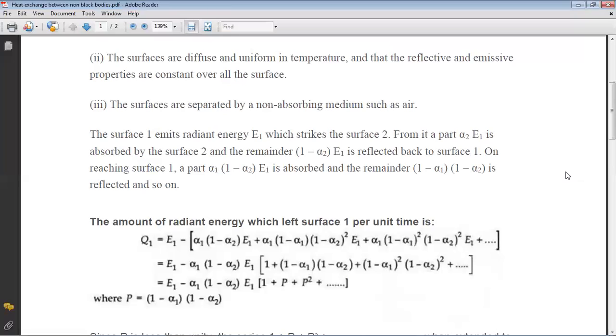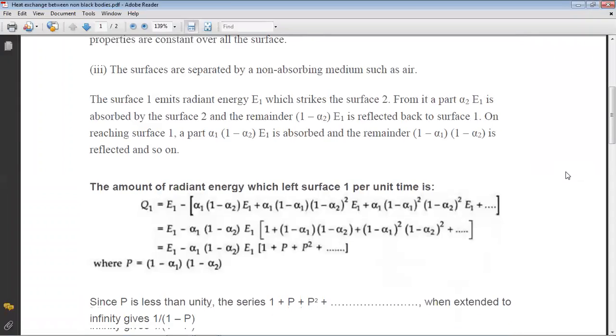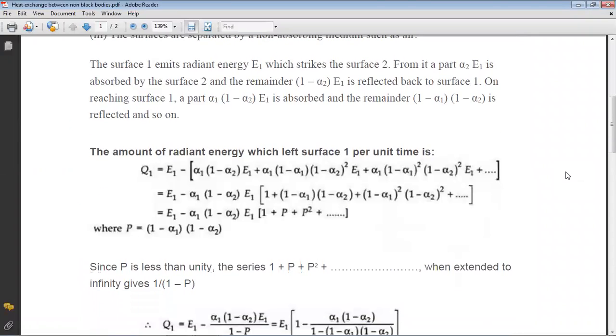It keeps on increasing, but it will be less than the energy radiated from the first surface. Now, if you write an expression considering the following situation, you will have an expression like this.